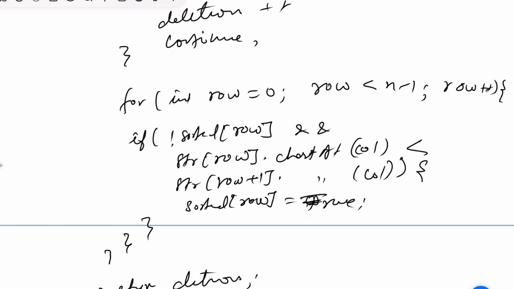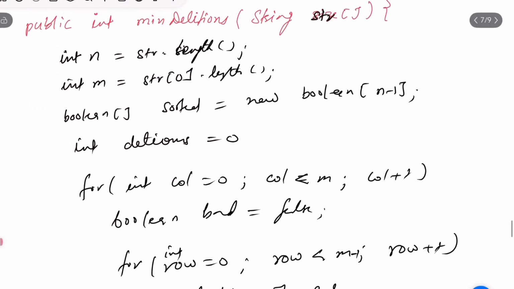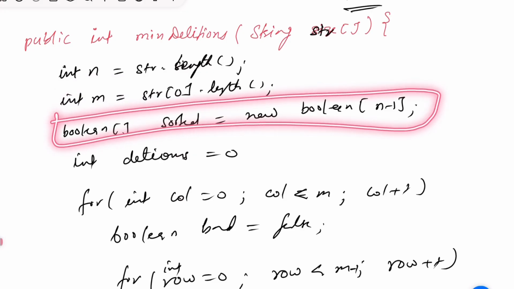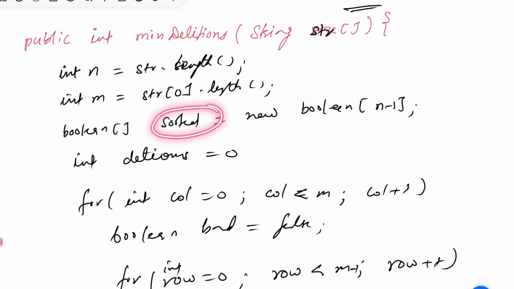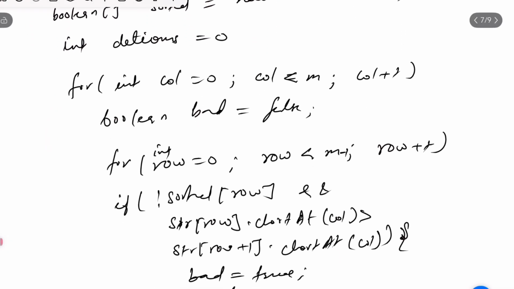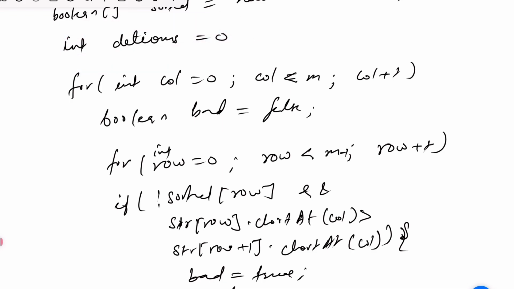Okay, this is what we need to do, guys. So as we know, what are the things we need to do? Very first, given a string, you find the n, then you can check one of the sizes, because sizes are equal. So you can define sorted as a boolean. Whenever we find the sorted, we'll mark it as true or false. Deletions we have to return, so define it. We have to iterate over the columns.